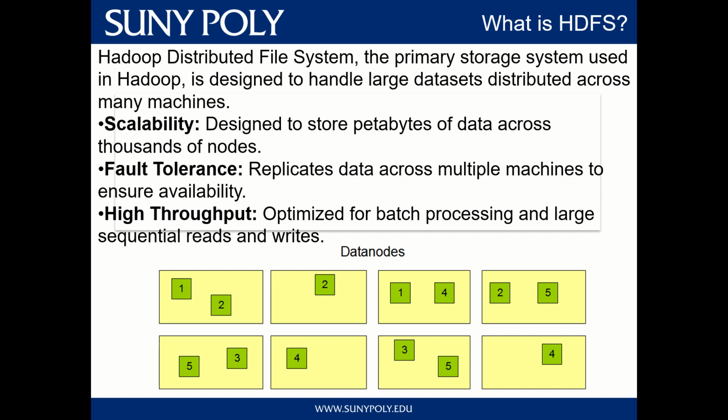Now let's talk about the HDFS, the distributed file system. One of the big claims here is that we can scale our data: we can store petabytes across thousands of nodes inside the cluster. Another main claim is fault tolerance, meaning we can replicate data across multiple machines.